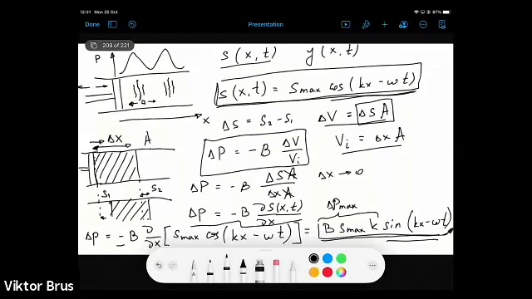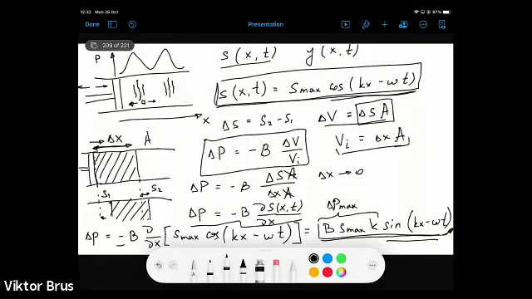And that's why delta S will not be equal to 0. Then the initial volume is delta X times A. Delta X is just the length of this considered gas cylinder in our derivation.